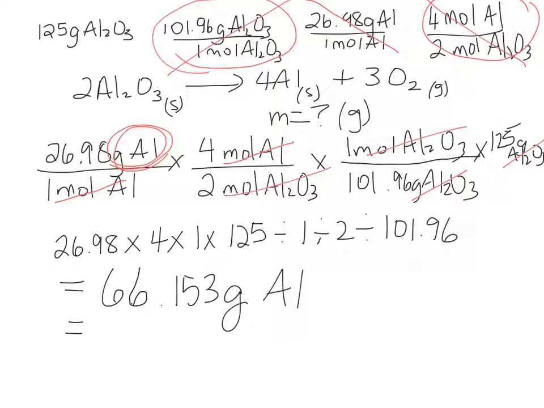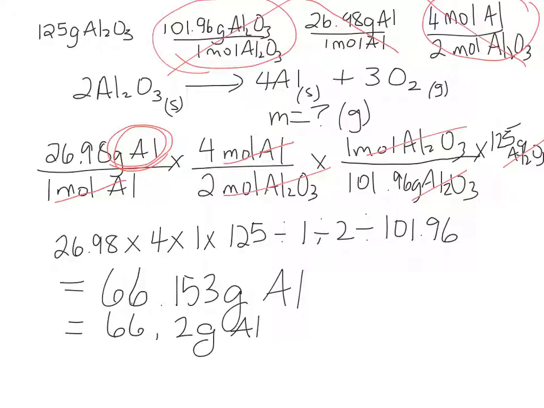If we rounded this off, this would be 66.2 grams of aluminum, which is only off by 0.1 gram, so it's fine. So this is how to do dimensional analysis to solve these questions.